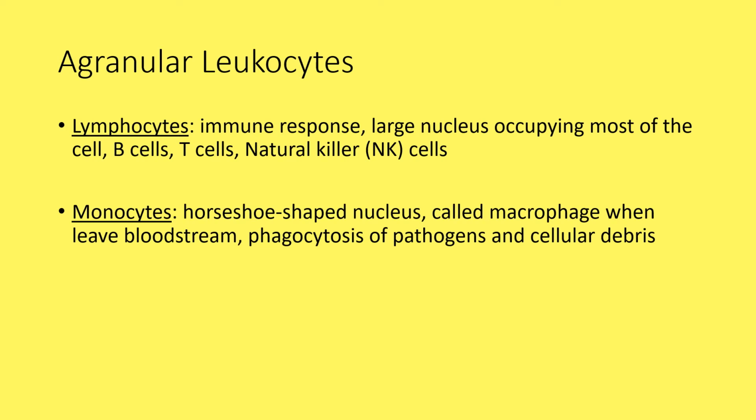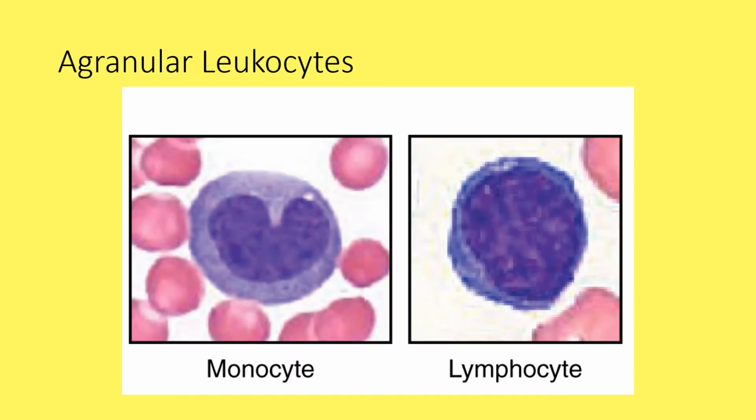When they leave the bloodstream, they mature into what we call macrophages. So if it's in the bloodstream, it's a monocyte. When it's out of the bloodstream, it's a macrophage. And they carry out phagocytosis of both pathogens and cellular debris. So that cleanup crew that we've talked about, that's what they are.